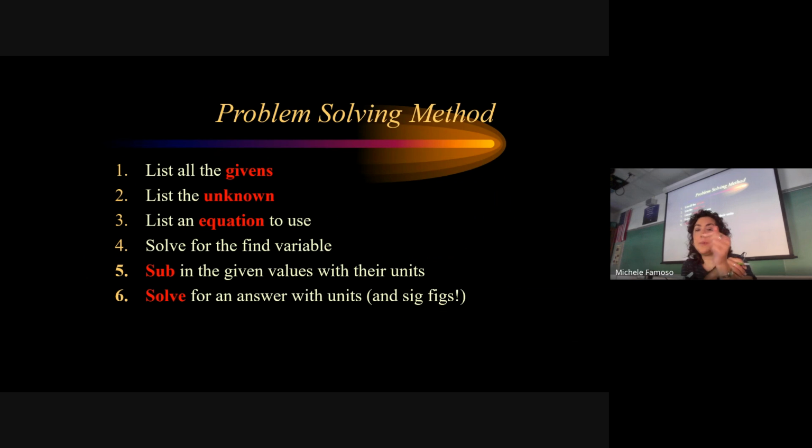The 6th step is to then plug it into your calculator and solve it. Get an answer that has appropriate units and significant figures. Notice that the word solve also starts with an S. We just built a word. What word did we just build?